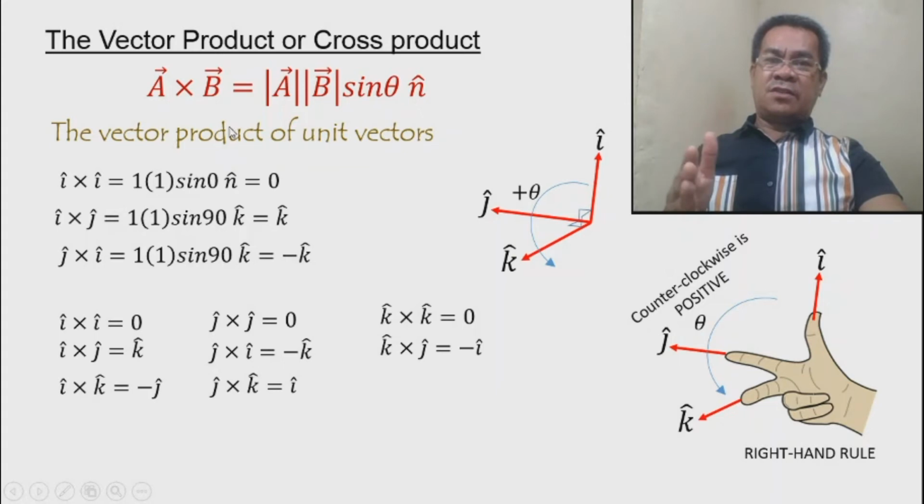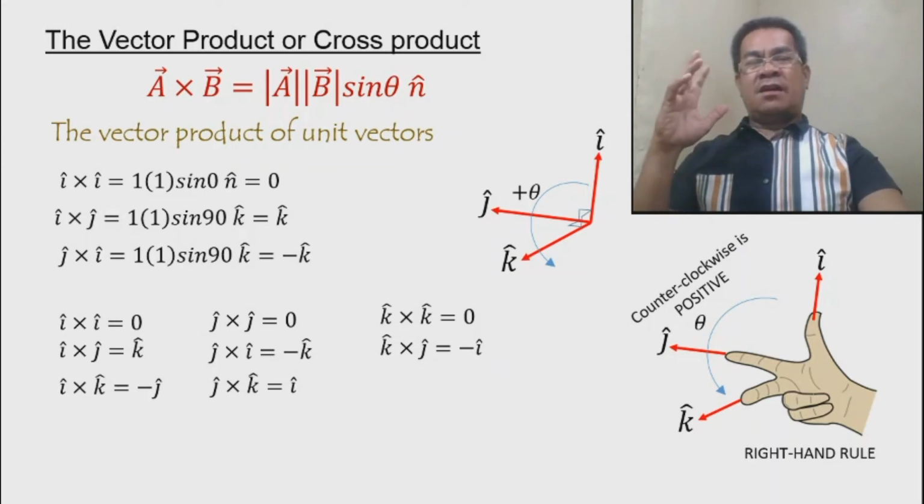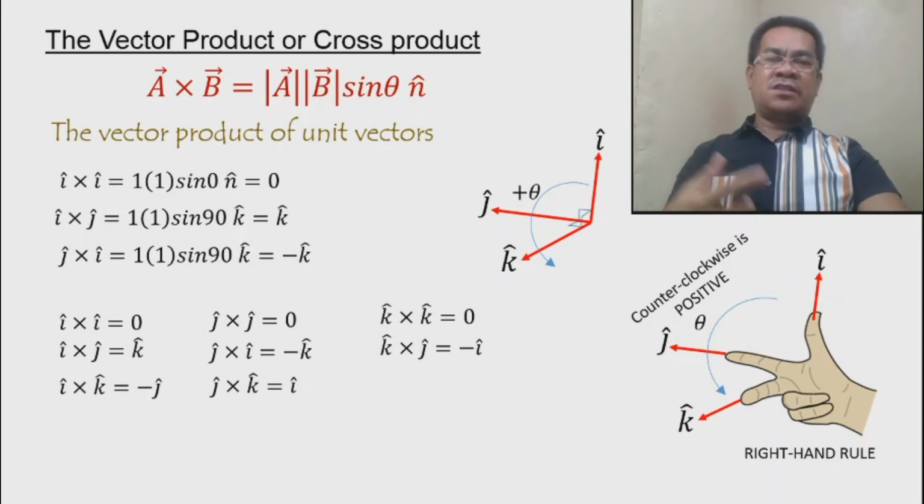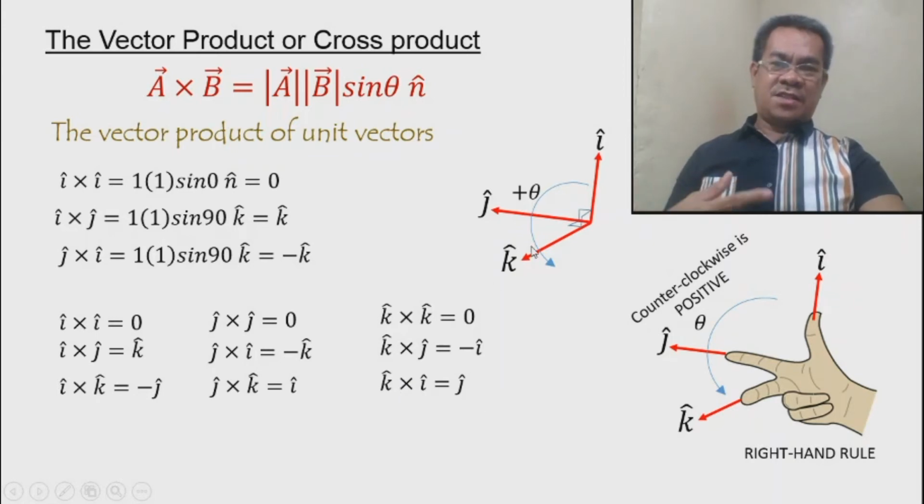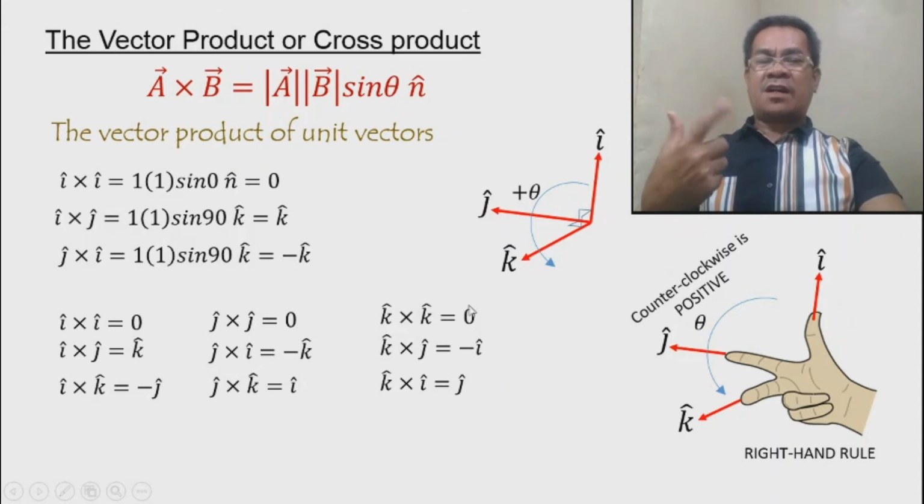So if it is a vector, make sure there is a presence of I hat, J hat, or K hat, or some of them, or one is missing, as long as there are unit vectors, unlike the scalar where the unit vectors are totally eliminated. By the way, K cross I is J, so it is counterclockwise, so this should be positive.